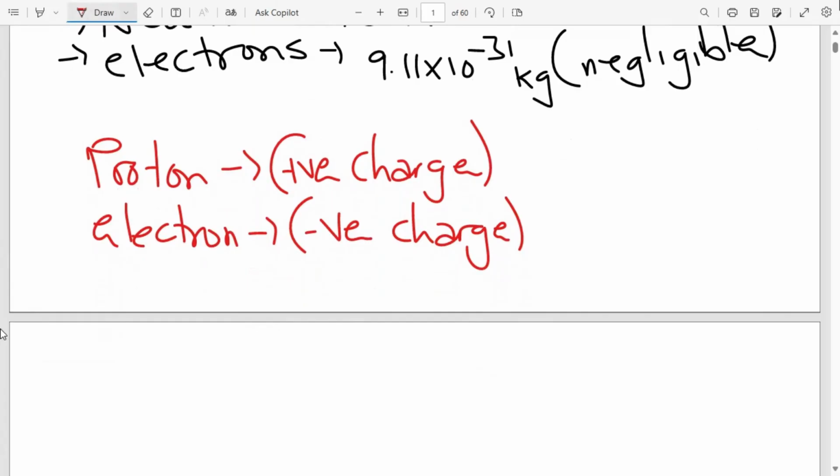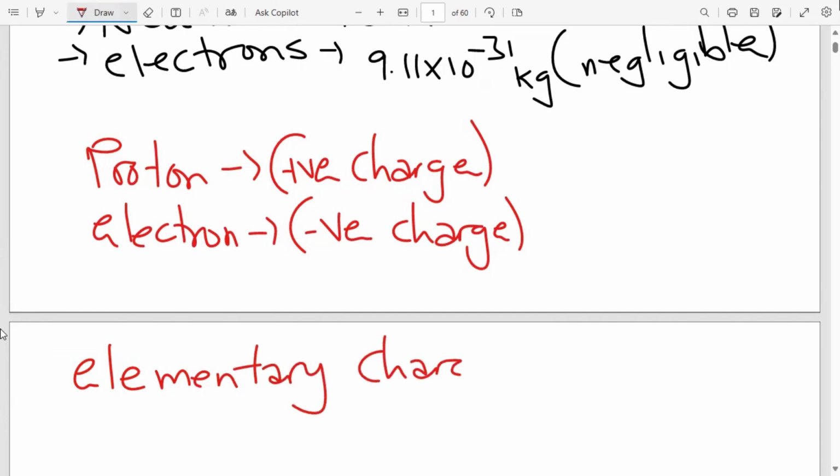The size of these charges is actually the same, and we call them the elementary charge. Elementary charge, and this is represented by a small letter e, like this. So the magnitude is the same. What is different is the sign of the charge. It can either be positive if you're talking about a proton, or it can be negative if you're talking about an electron.